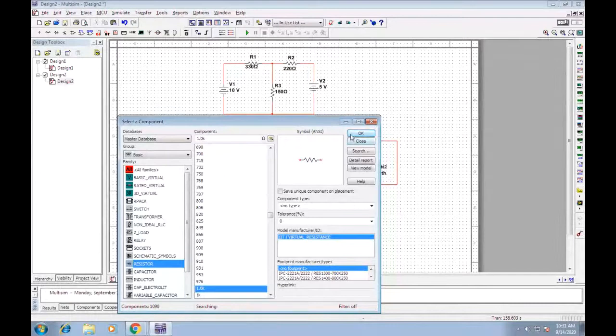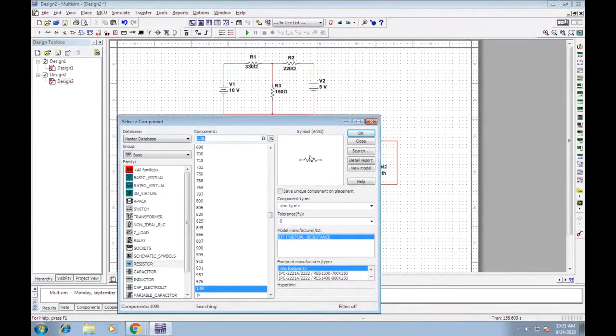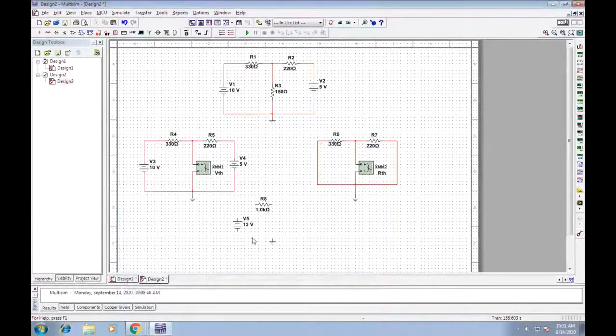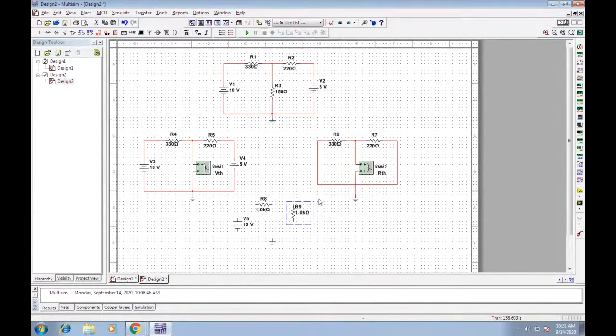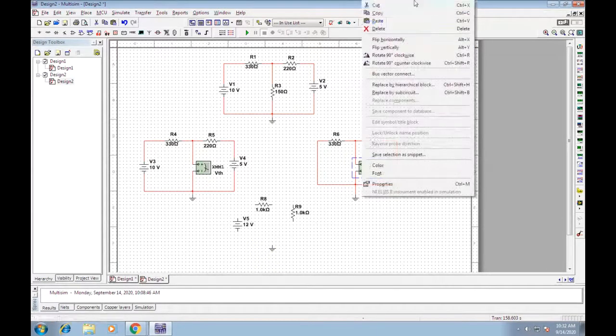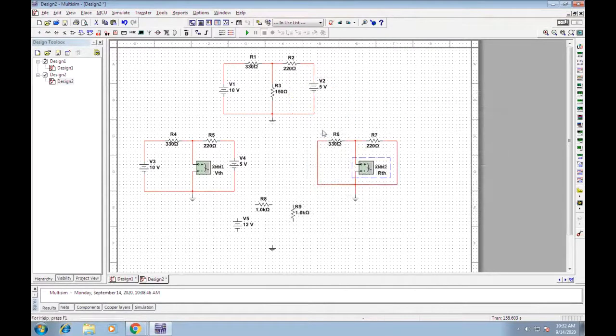You can put any value for the resistor, and we will take another resistor here. In this, the resistor is not mentioned, so no worries. And also we will put a multimeter, so copy and paste. This is another multimeter.